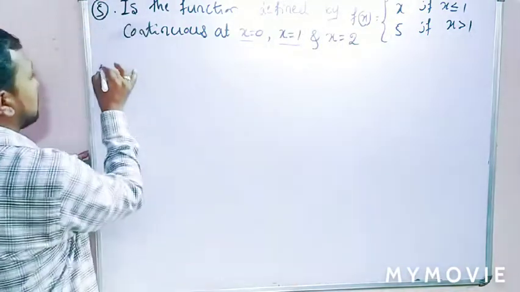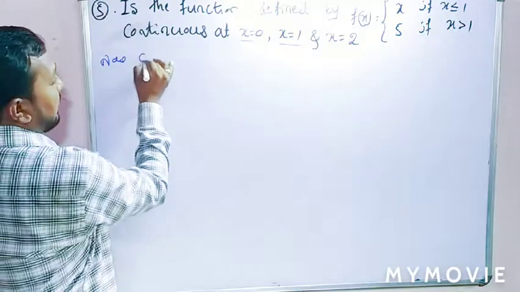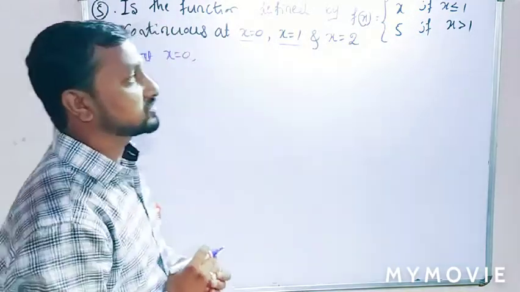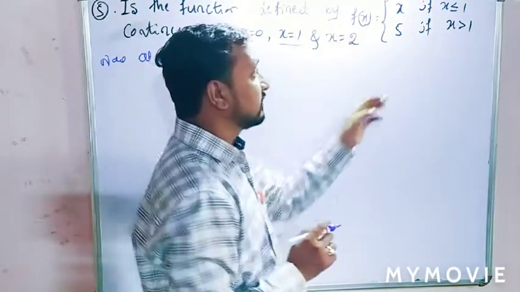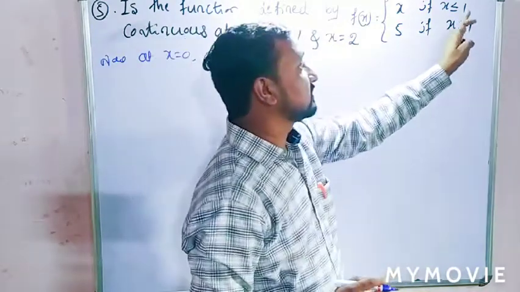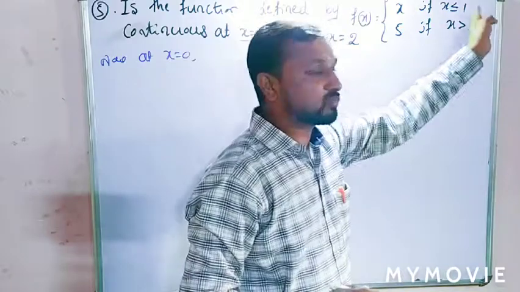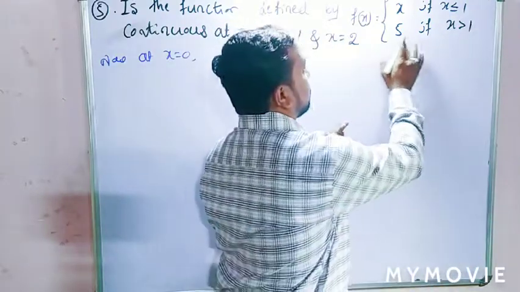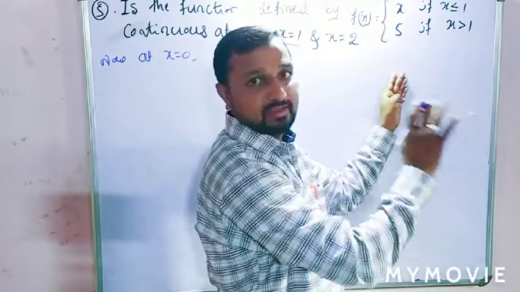Okay. So now at x equal to 0, what is the function? Here, x greater than 1 means the values 2, 3 up to infinity. So the value of x should be greater than 1. Here, there is no f of x equal to 5 for this. Leave it.